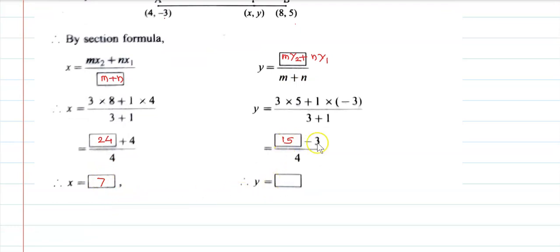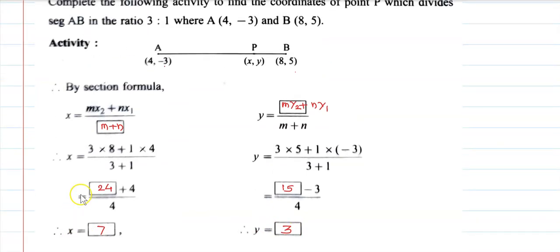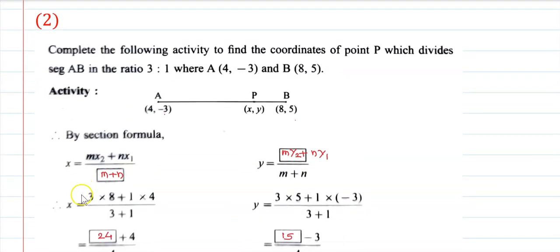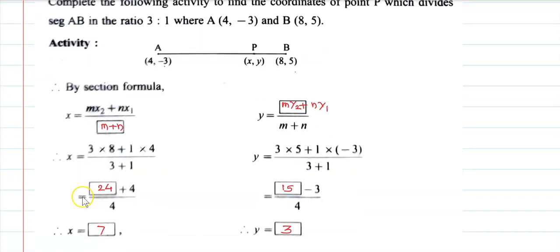Next, 3 into 5, 15, minus 3, 12 upon 4. Therefore, here you will get y is equal to 3. X is equal to 7 and y is equal to 3. This way, by using the section formula, we find out the coordinates of the point P. Okay, and this activity is complete.